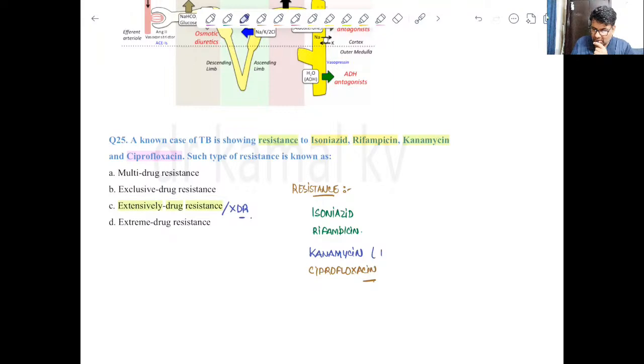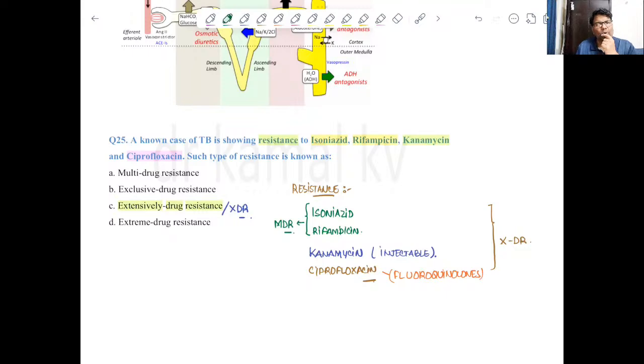Then this is an injectable drug, and this is fluoroquinolones. So if you have this much big picture, this is extensive drug resistance. And yes, if it is only this much, then you can say it is multi-drug resistance, right? So this is the concept of MDR and XDR in tubercular therapy.